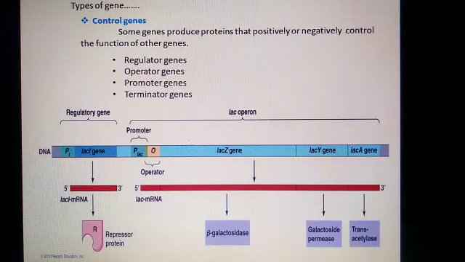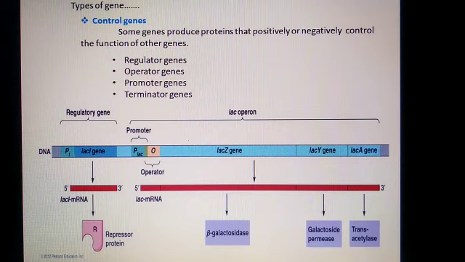Next, operator genes. These operator genes actually act as switch and turn on or off the transcription of a structural gene as and when required by the cell. This operator gene does not code any products.